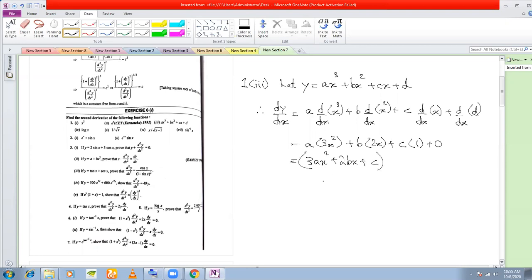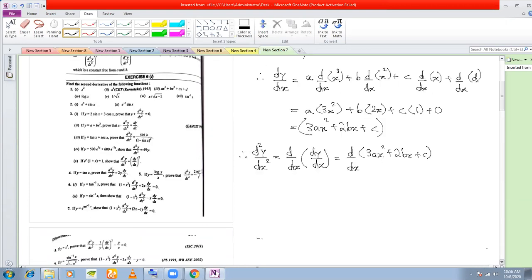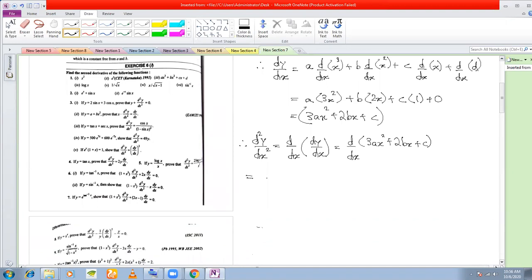This is the first order derivative. You are required to find out the second order derivative. So therefore, you are required to find out d2y/dx2. And what is d2y/dx2? d2y/dx2 is the d/dx of dy/dx. And dy/dx we have found out as 3ax square plus 2bx plus c. 3a is the constant, you can take it out of the differentiation.